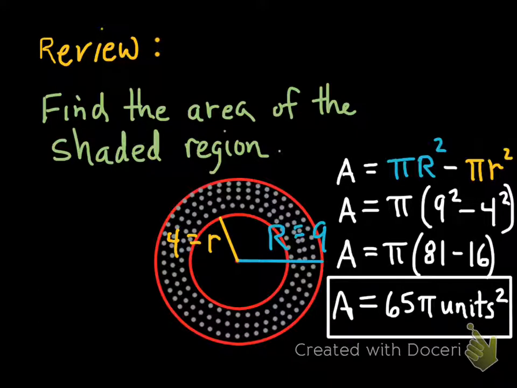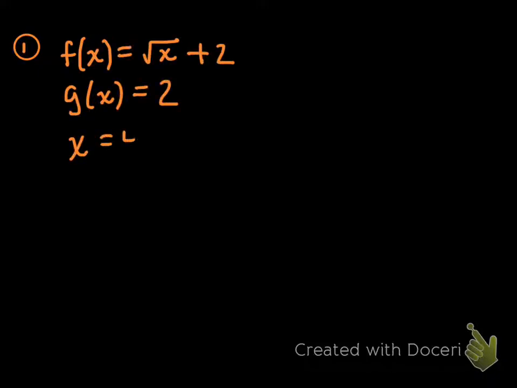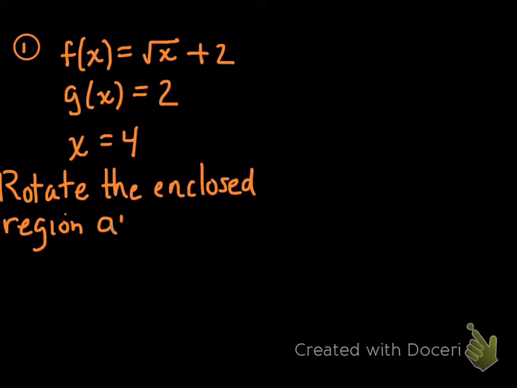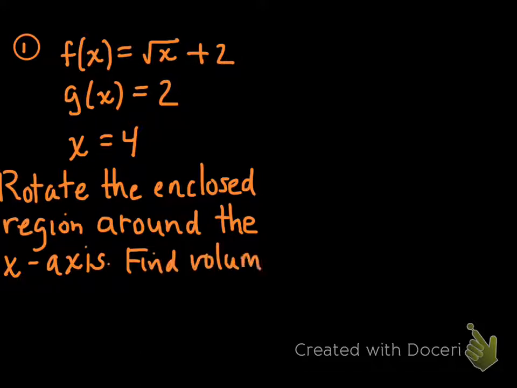So let's take that and apply it to example 1 on our washer worksheet, where f of x is the curve root x plus 2, and g of x is y equals 2. G of x equals 2 is a horizontal line going through the y-axis at 2.